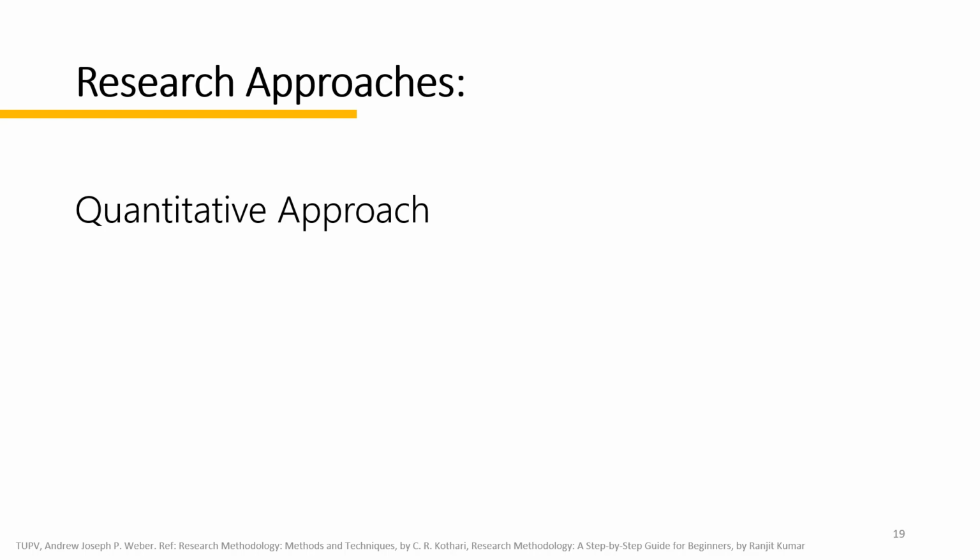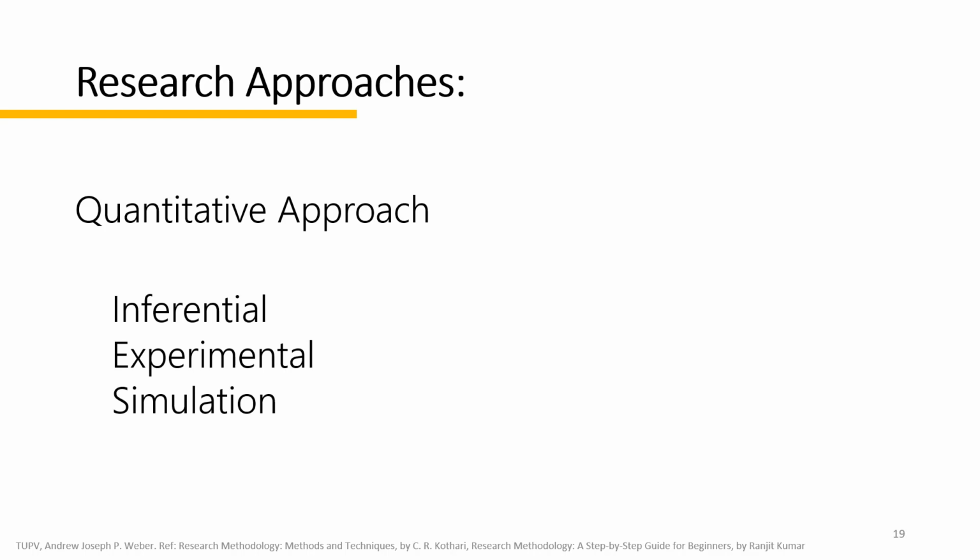The purpose of inferential approach to research is to make a database from which to infer or to conclude characteristics or relationships of population, while experimental approach is characterized by a much greater control over the research environment, and in this case, some variables are manipulated to observe their effect on other variables, while simulation is an imitation of a real thing.